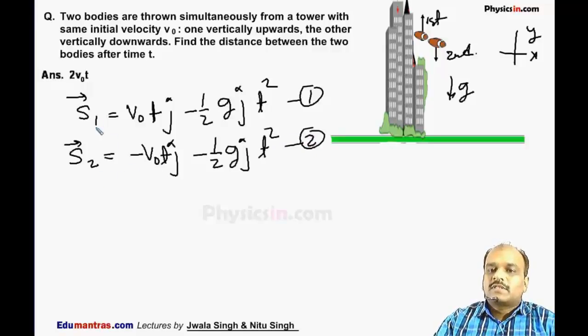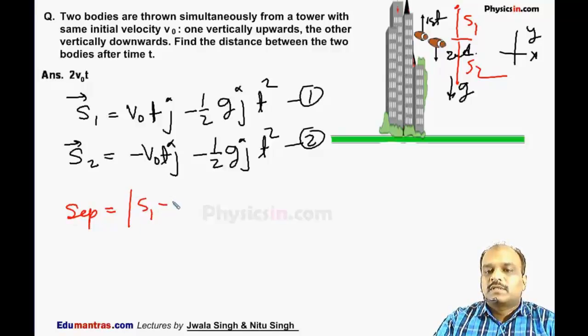Now the first ball is somewhat here. This is S1, and the second ball is here. This is S2. So the separation between the two balls is mod of S1 minus S2.